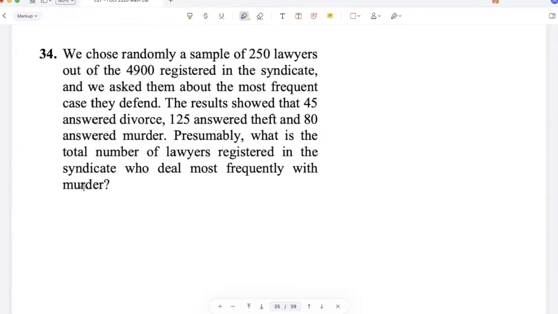We chose randomly a sample of 250 lawyers out of the 4,900 registered in the syndicate, and we asked them about the most frequent case they defend. The results showed that 45 answered divorce, 125 theft, and 80 murder. Presumably, what is the total number of lawyers registered with the syndicate who deal most frequently with murder? Okay, so out of 250, 80 said murder. So out of 4,900, how many would say murder?